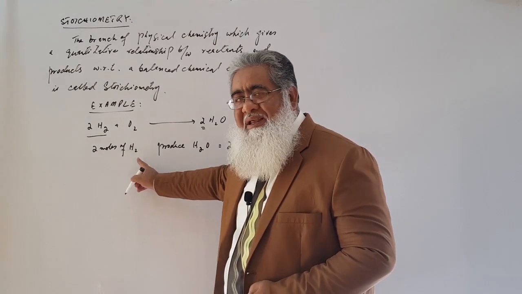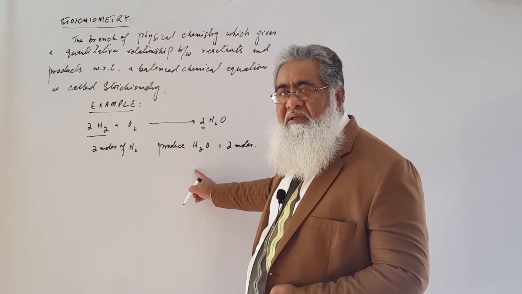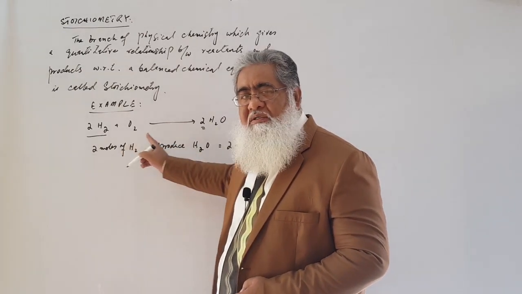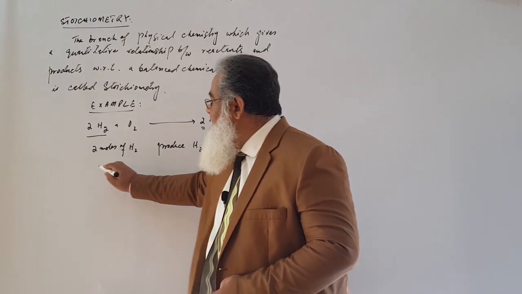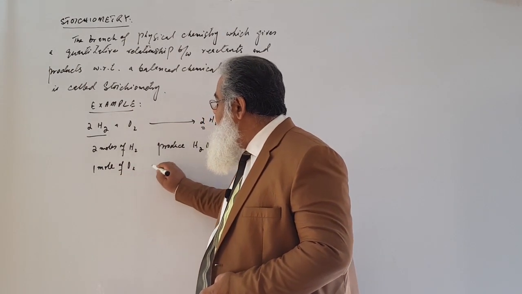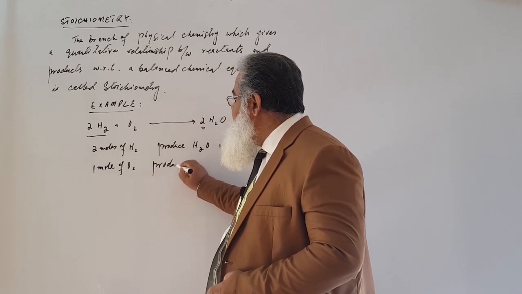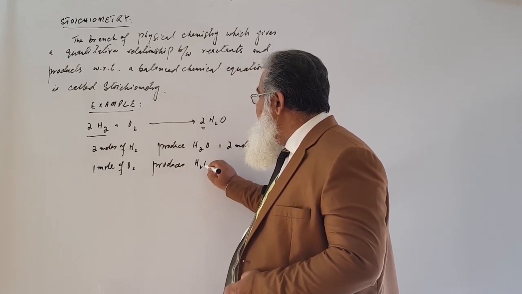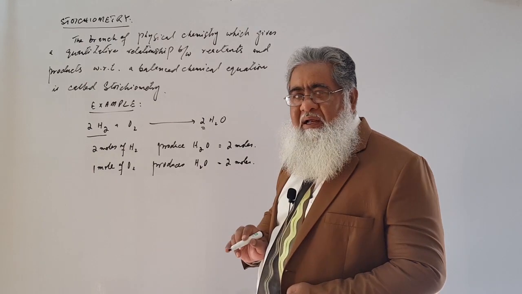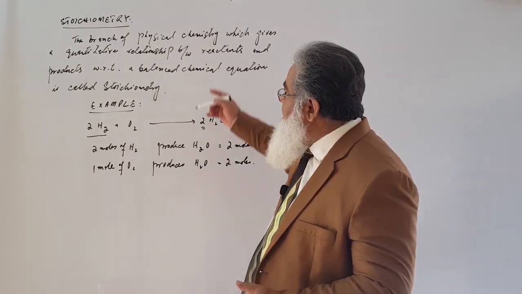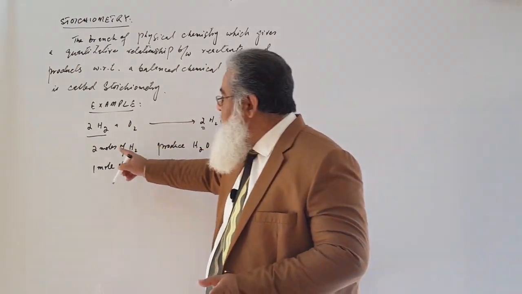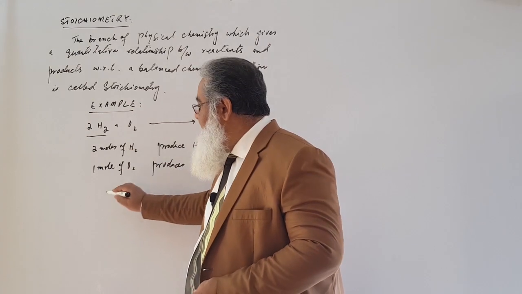Now, hydrogen is a reactant, water is a product. Similarly, we can also make the relationship between oxygen and water. With respect to that, 1 mole of oxygen produces 2 moles of water. And stoichiometry also gives a quantitative relationship between two reactants.